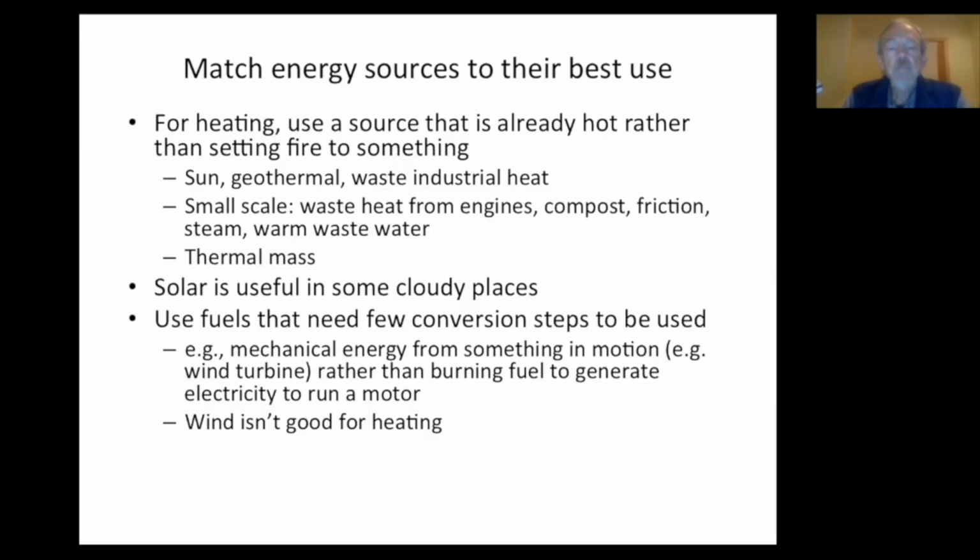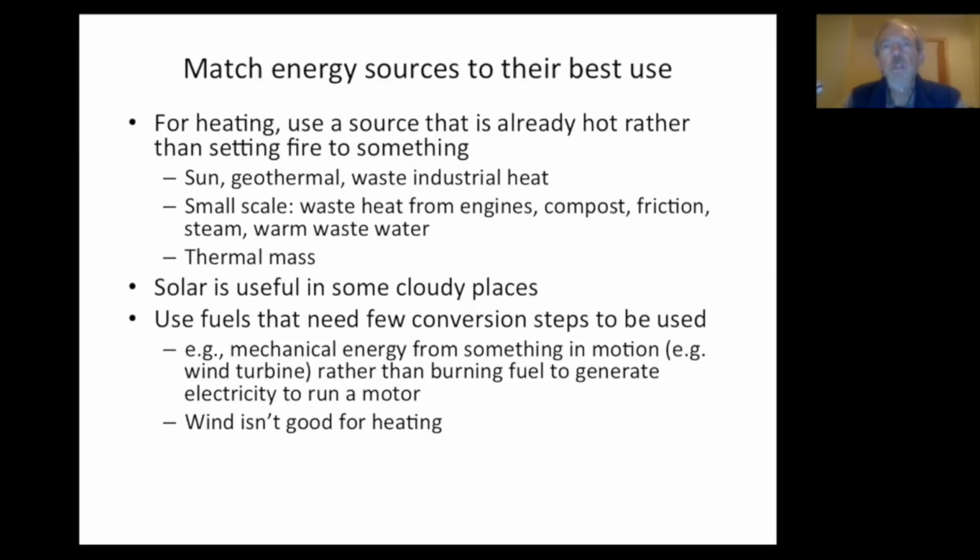And also then what fuels are going to be good to use. It's crazy to use electricity to heat something. Electricity is really good for moving electrons around, but most electricity is made already by heating something. You run a nuclear power plant or a coal plant or an oil-fired plant, generate a whole bunch of heat to make steam, to spin a turbine, to generate a current.